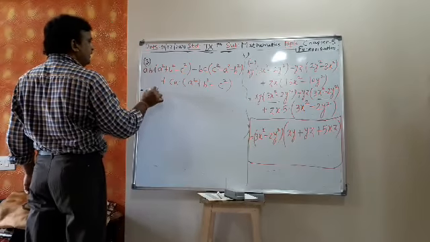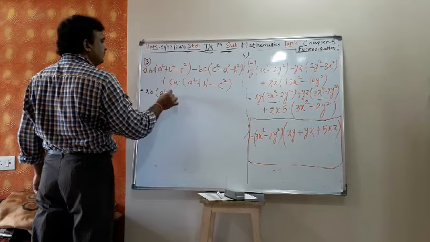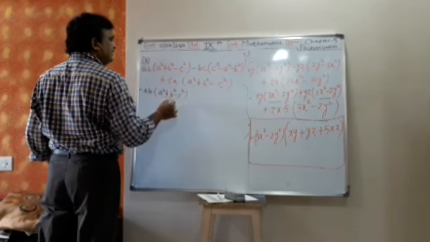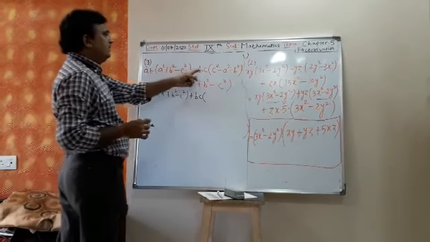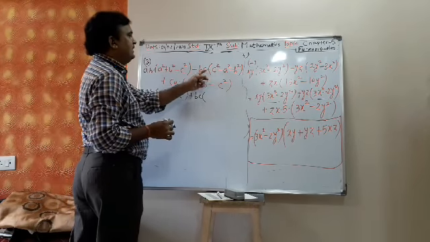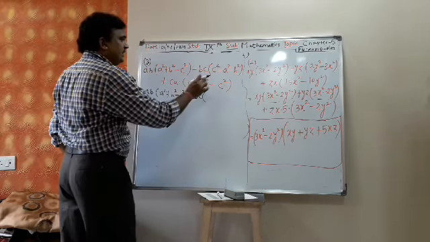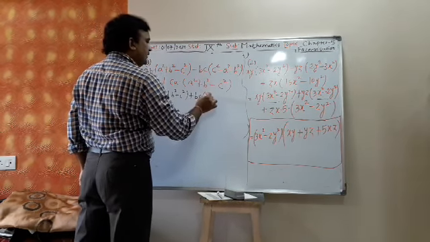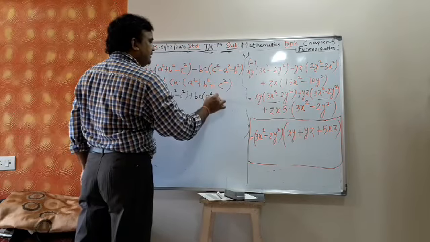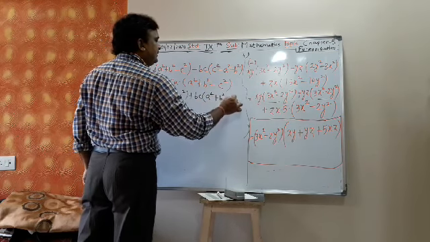First I will keep it as it is: AB into a square plus b square minus c square. Now see, this minus I will take inside, and I will write plus bc into, then minus becomes plus, becomes minus, so plus a square plus b square minus c square.